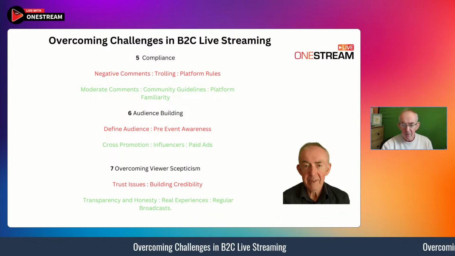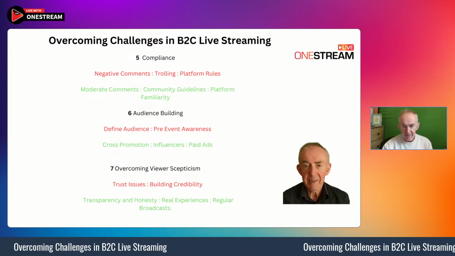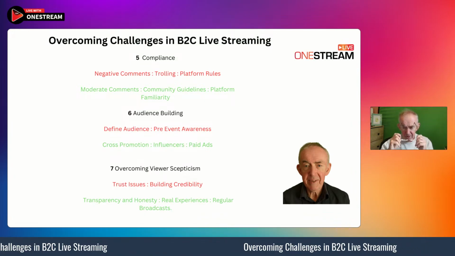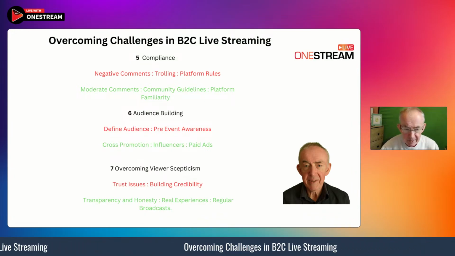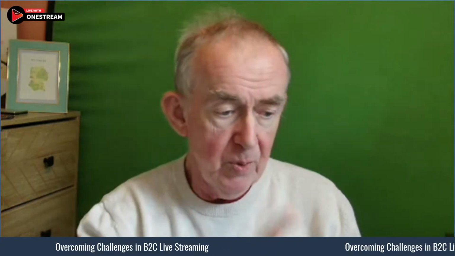So basically, transparency and honesty. You've got to be yourself when you're live broadcasting. You have to talk honestly about the product or service you're promoting. And the other thing you have is you have to talk about your real experiences with the product. And I can do that. I mean, everything that I sell on Amazon Live, I use. So I use the Obspot camera, I use the Elgato Wave 3 microphone.